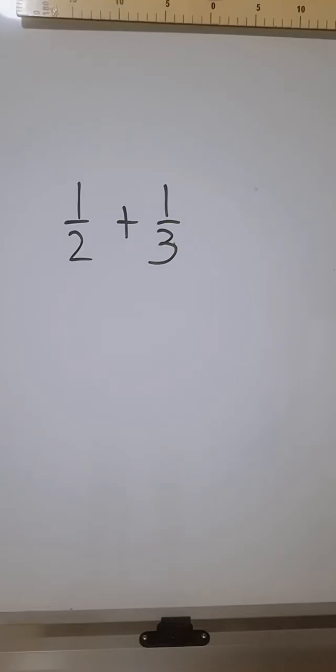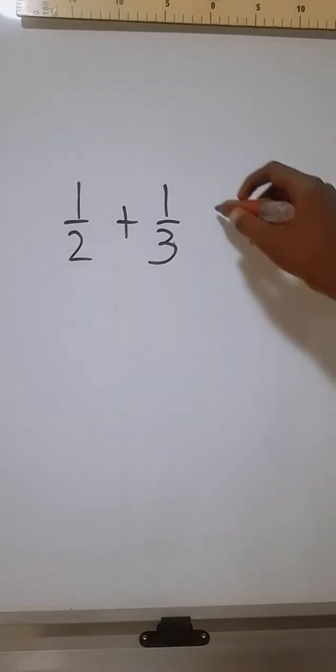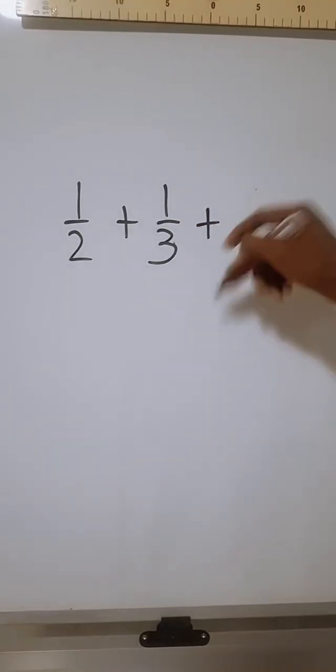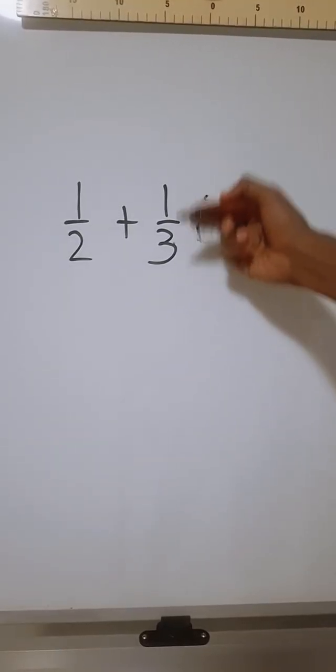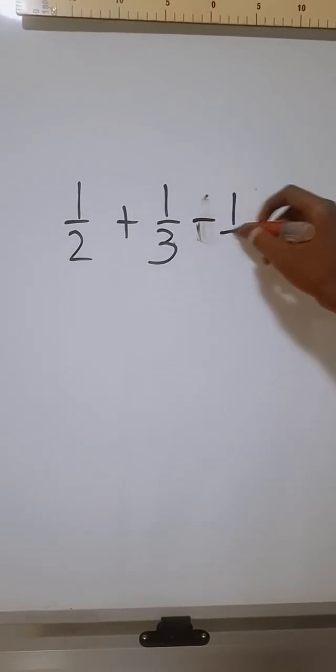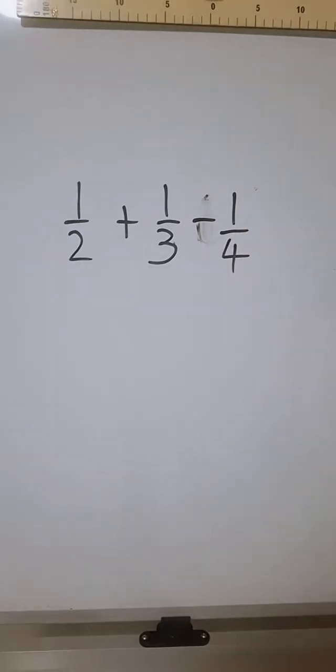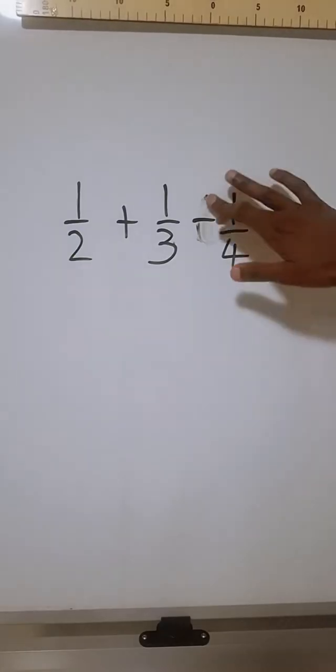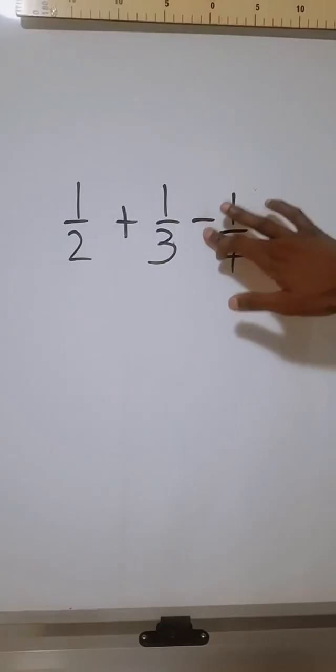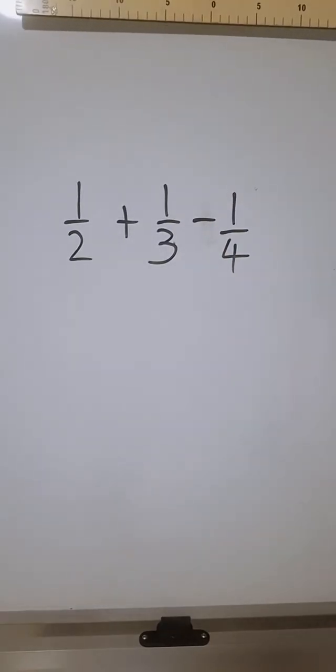Okay, I see cross multiply. All right, let's do this then. Because you're saying we must... 1 over 2 plus 1 over 3 minus 1 over 4.